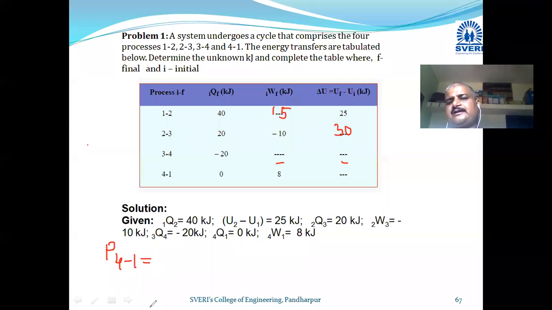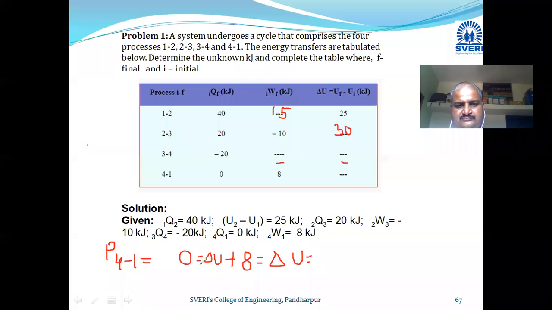Now in this particular process 4 to 1, Q is 0, W is 8, and delta U we will have to find out. When you solve this equation, you will come to know that your delta U will be how much?